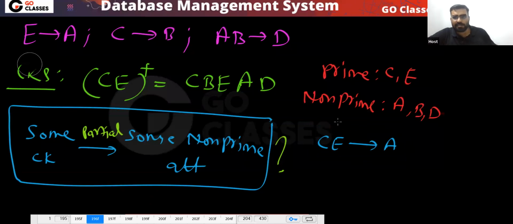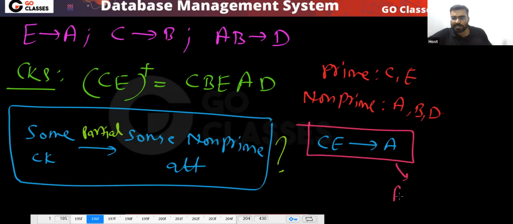So yes, this is partial. So this is partial dependency. So what can I say? The candidate key is CE, right?